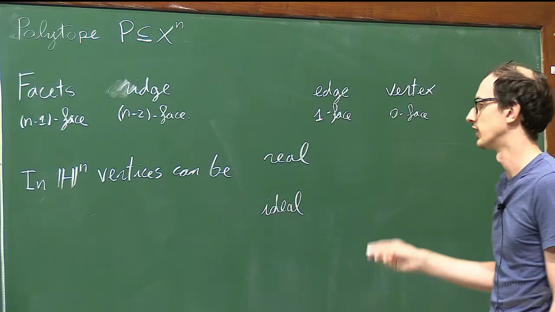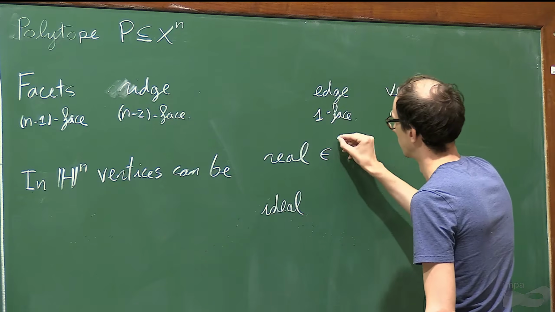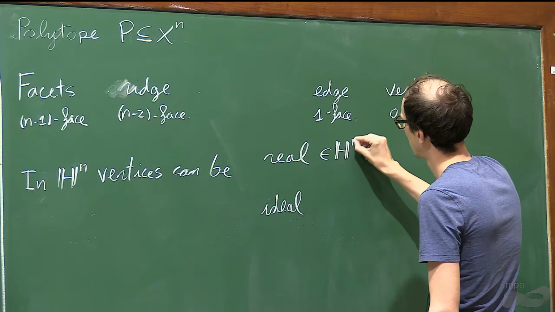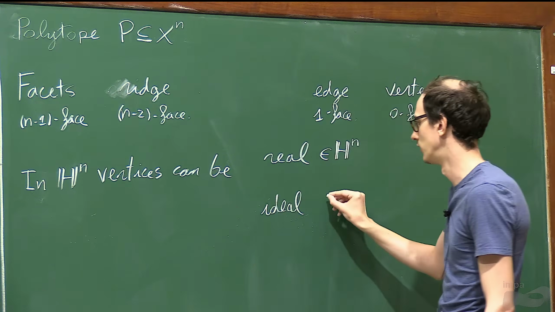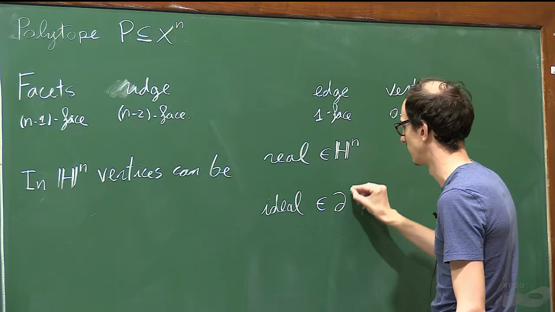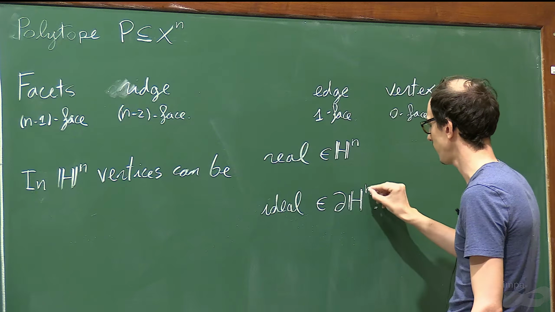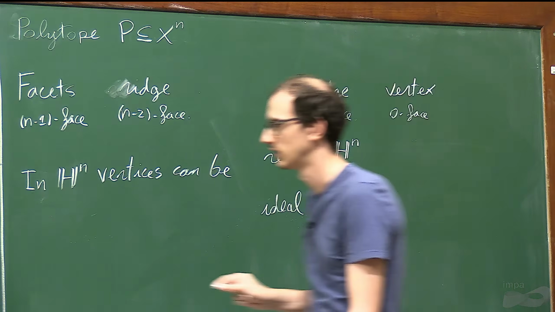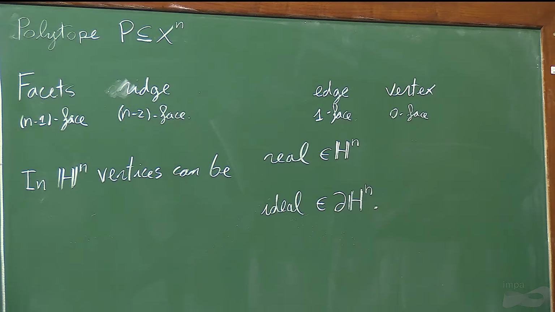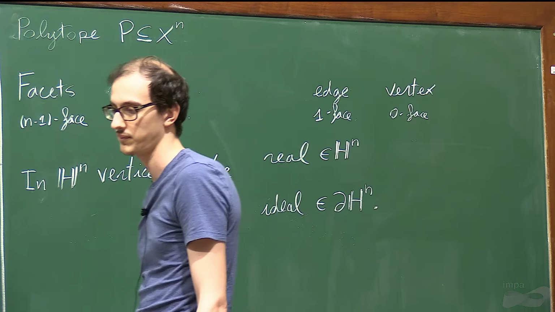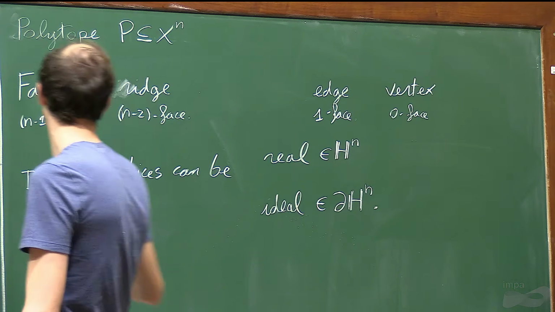A real vertex is a vertex that's actually inside H^n, and an ideal vertex is not in H^n, but it's in the boundary of H^n. So the polytope, that vertex I think about it combinatorially, but geometrically it's not there. It's not part of the polytope.